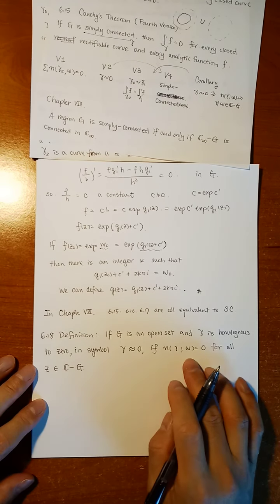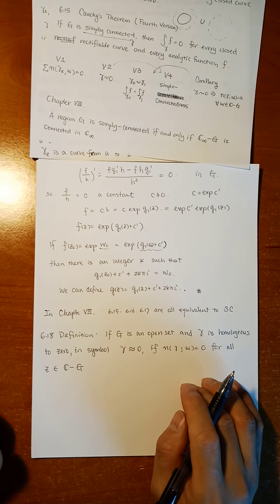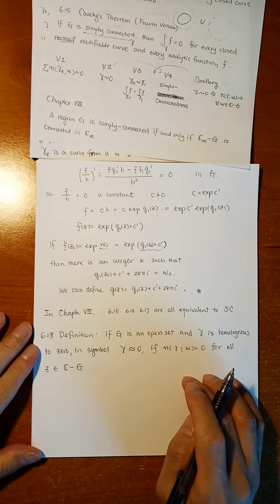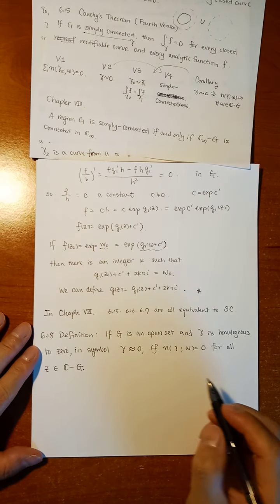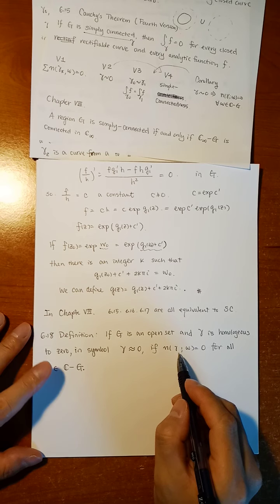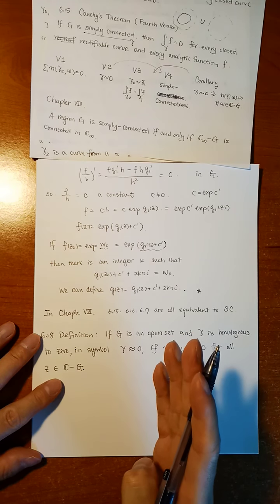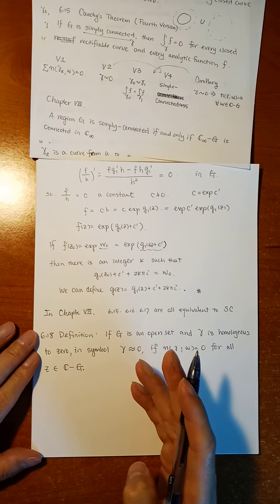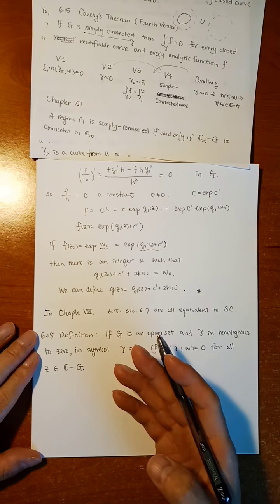This is a condition in the first version of Cauchy's theorem. In the first version of Cauchy's theorem, we use the winding number. In the second, third, and fourth versions of Cauchy's theorem, we use homotopic triviality or homotopic equivalence.